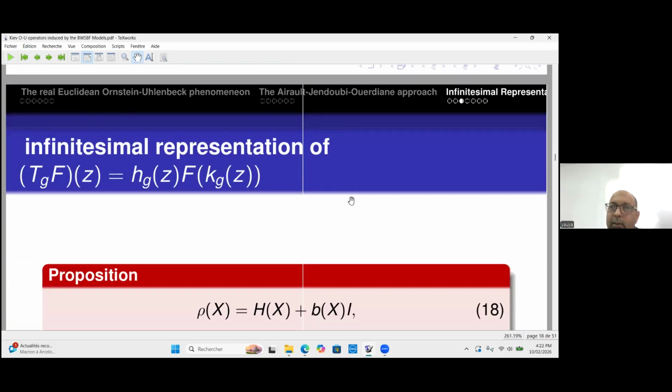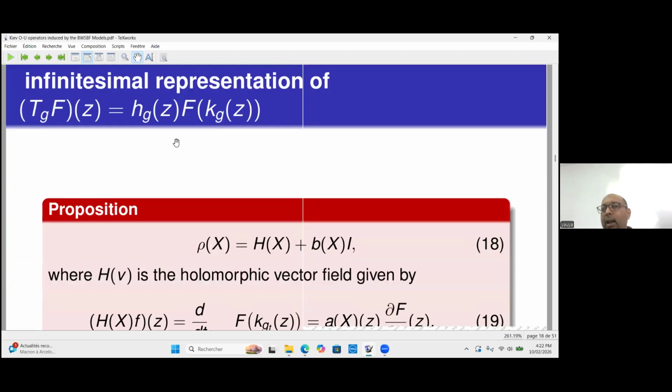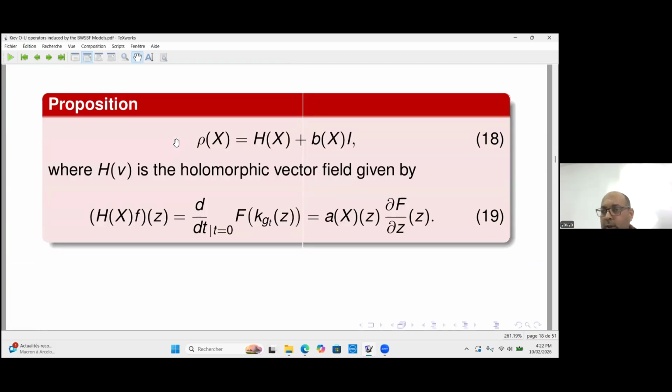Thus, we obtain that rho_x is written as a first order differential operator, which we call a holomorphic vector field, plus a scalar holomorphic function depending on x and on z, multiplied by the identity operator.